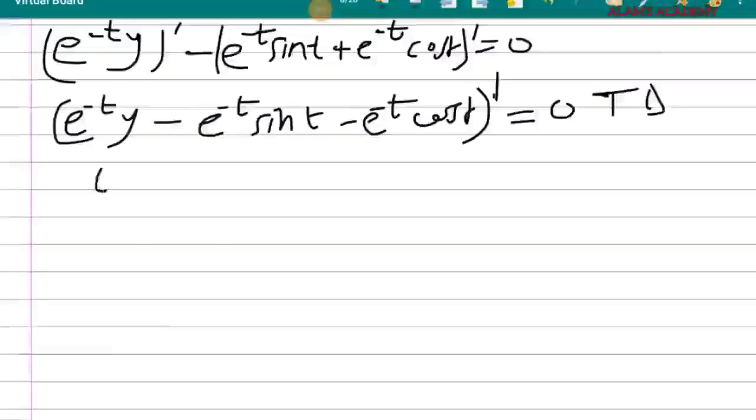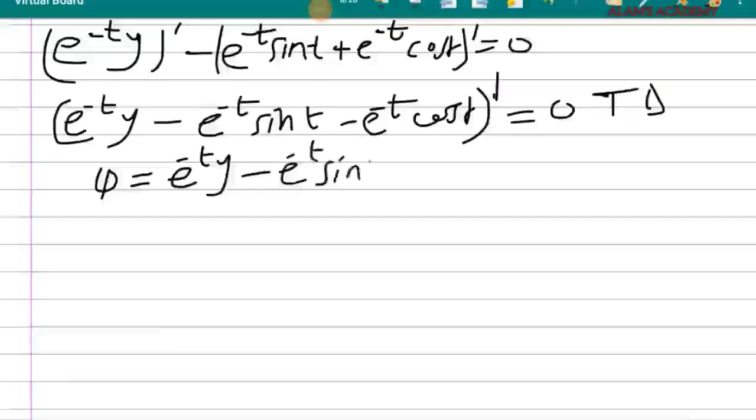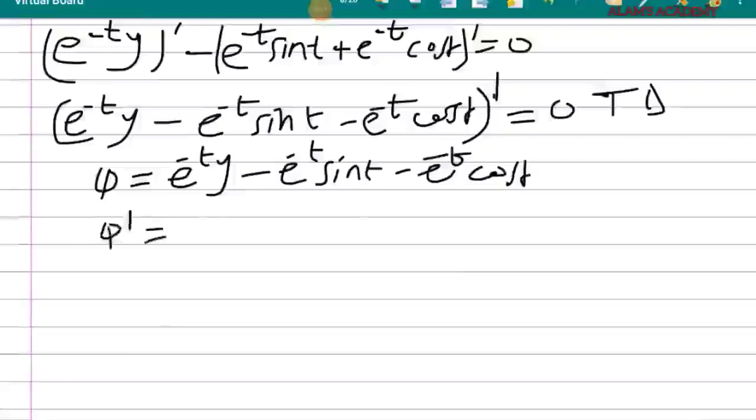Now we can say let q be equal to e^t y minus this minus, and if that's the case, q prime will be equal to 0, taking the integral on both sides. So we're taking the integral on this side, taking the integral on this side with respect to t.